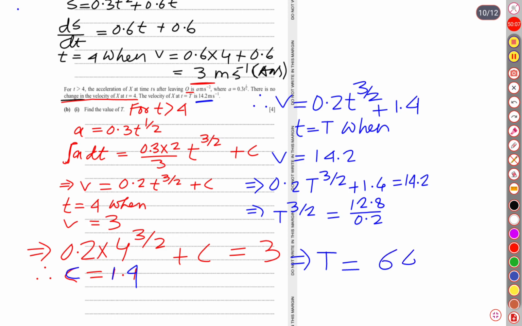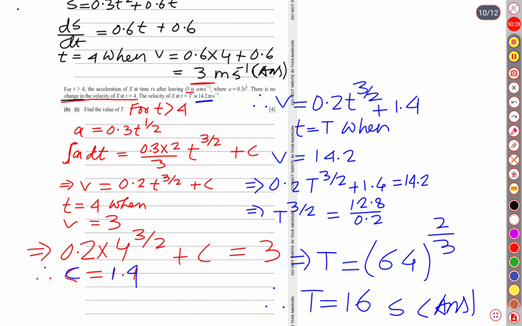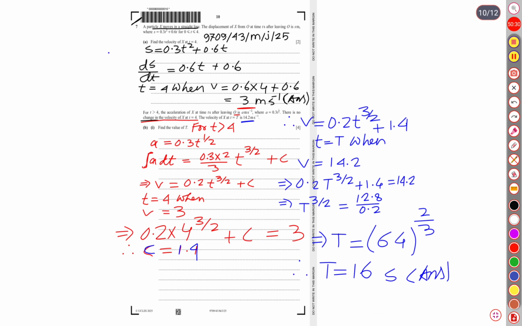So T is 64 raised to the reciprocal, 2 over 3. Hence our T is actually 4 squared, which means 16. T is 16 seconds, which is the final answer to this part of the question. Let me show you the whole solution. So we got the value of T as 16 seconds.